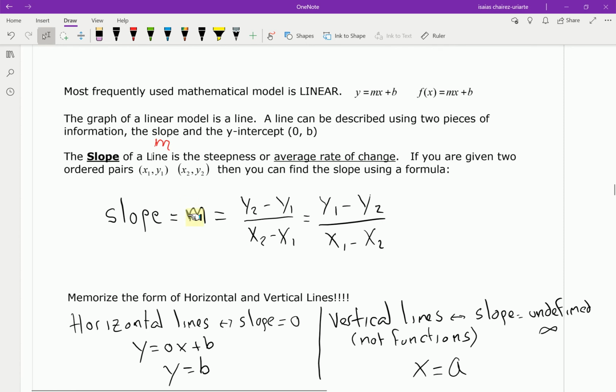Our slope m is the difference in the y's, y2 minus y1, divided by the difference in the x's, x2 minus x1. It's also called rise over run. You can also say y1 minus y2 over x1 minus x2. It doesn't matter.